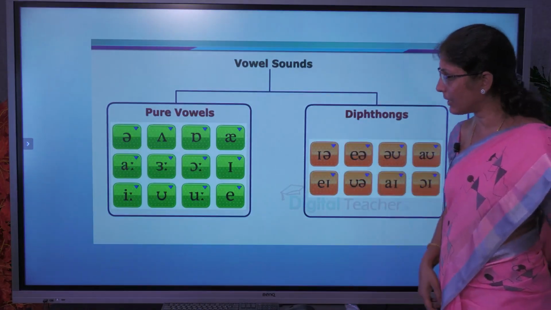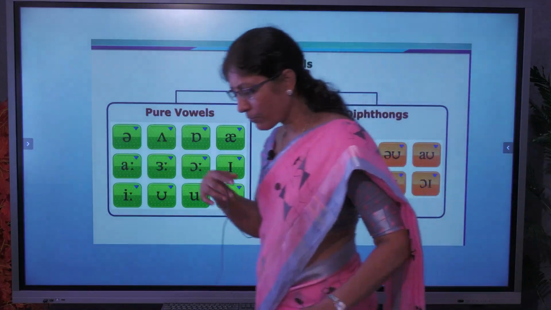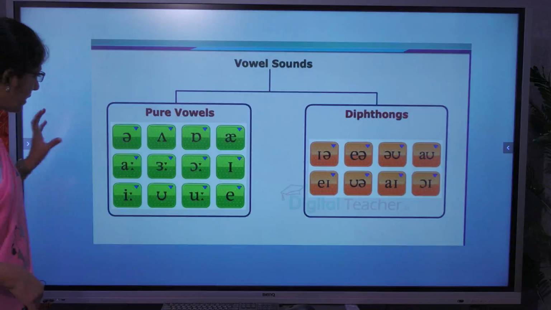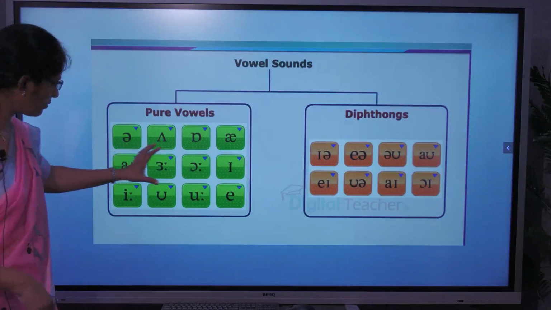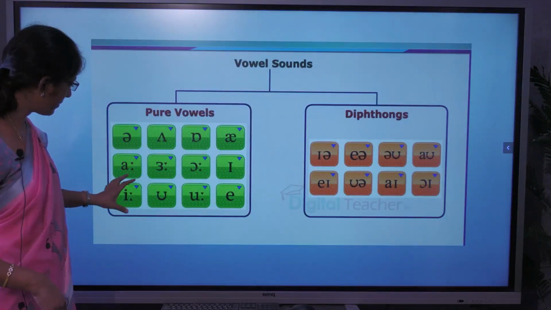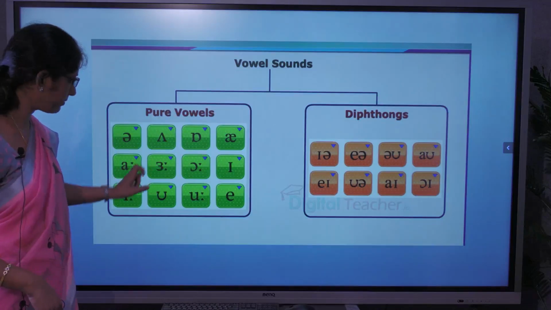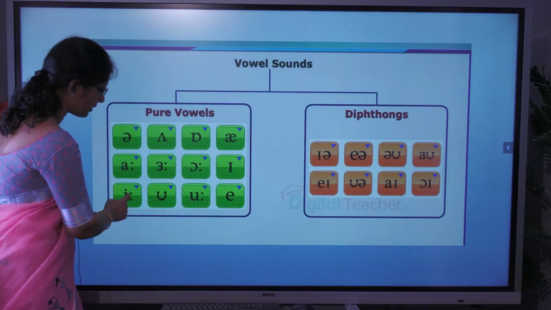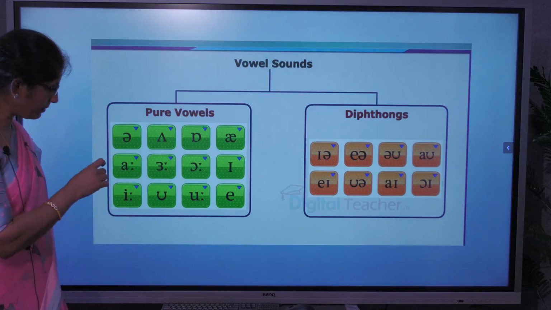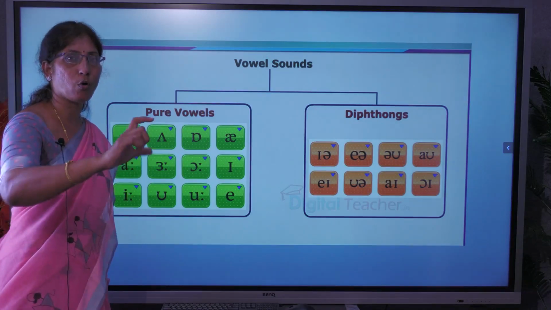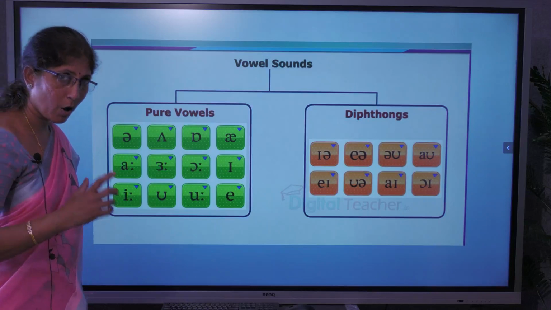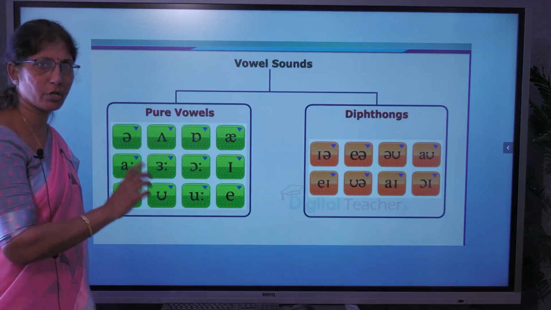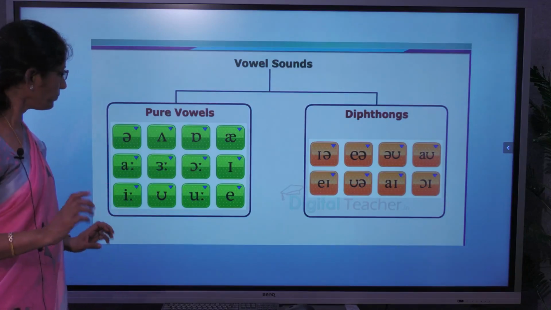Now let us see what the pure vowels are, that means what are short vowels and what are long vowels. If you see this picture, some sounds are marked with a colon. You identify this one, this one, this one. This colon represents a long vowel. Already we know a long vowel means the duration of the airflow is longer than the short vowel.